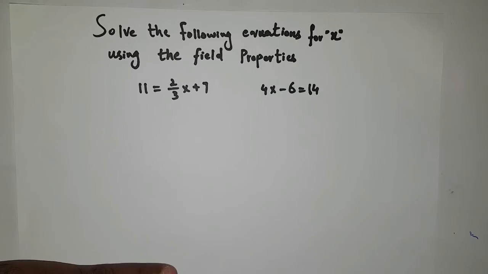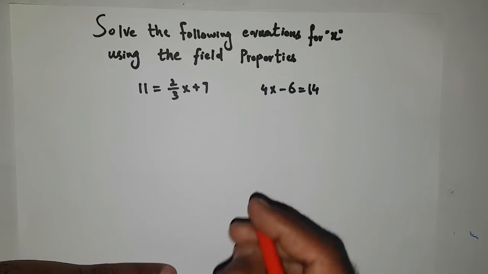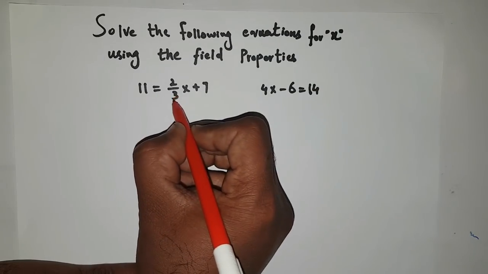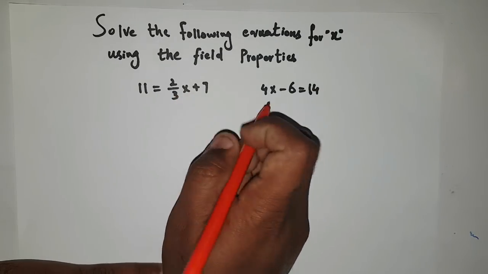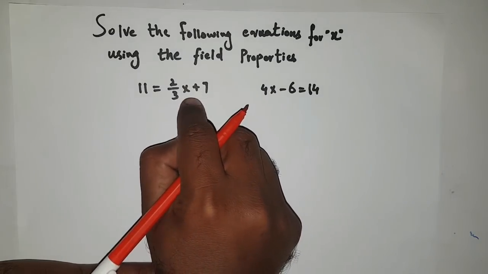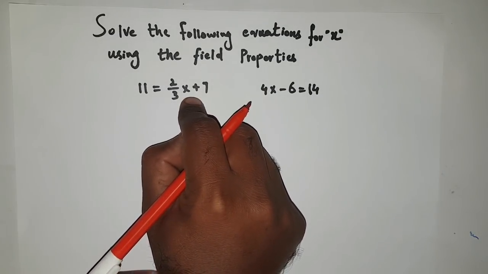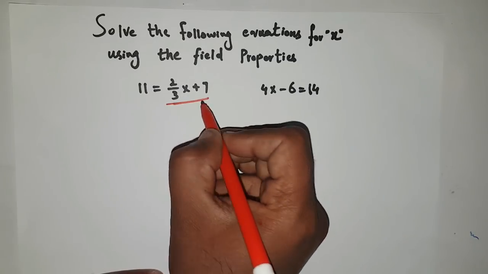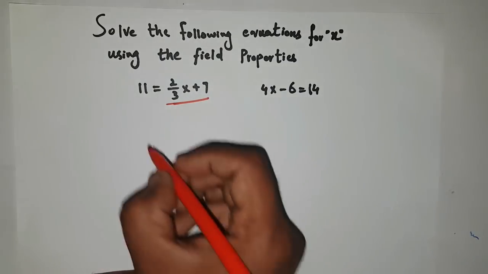So let's try to solve some examples by using the properties of equalities. Here we can see 11 is equal to 2 by 3 x plus 7, and we want to solve it for x. So we have to remove 7 and 2 by 3 from the right side, and we will do this step by step.